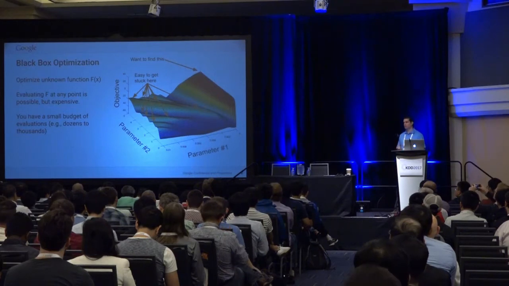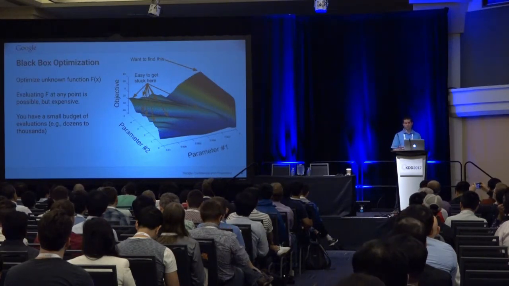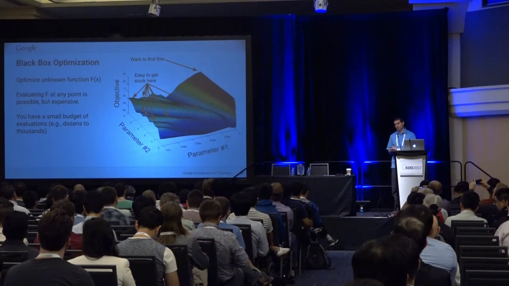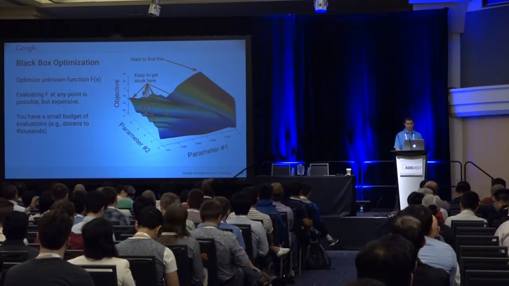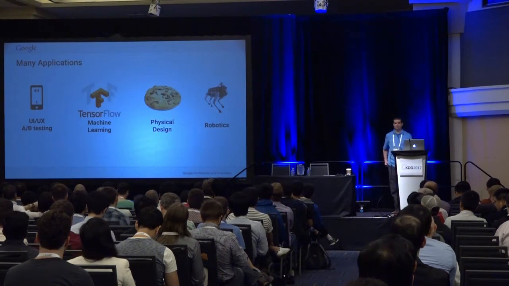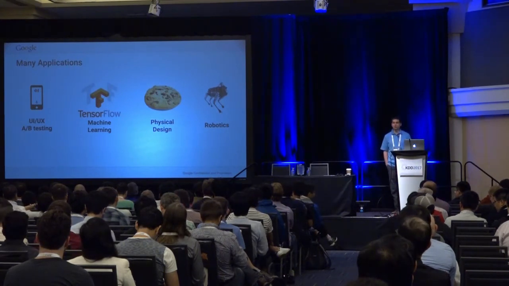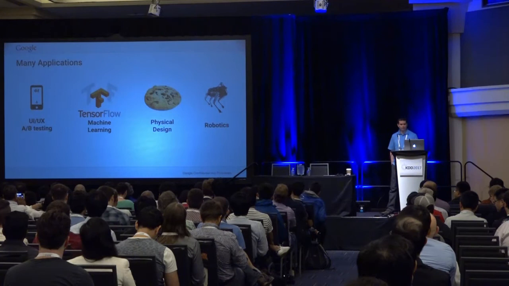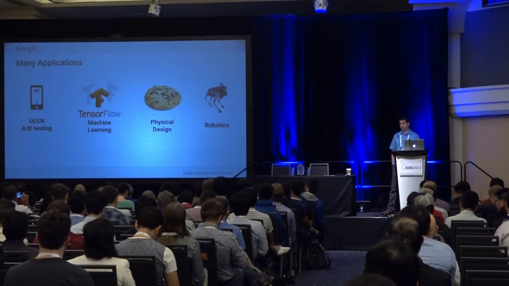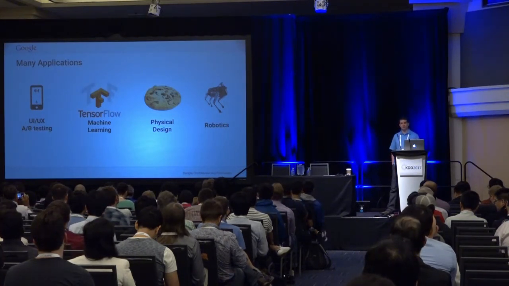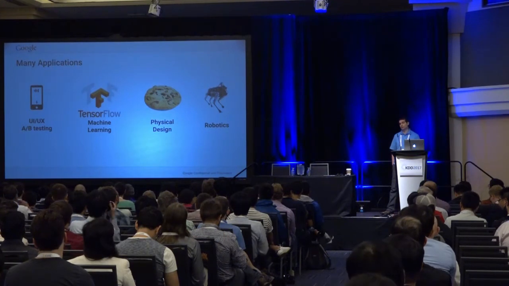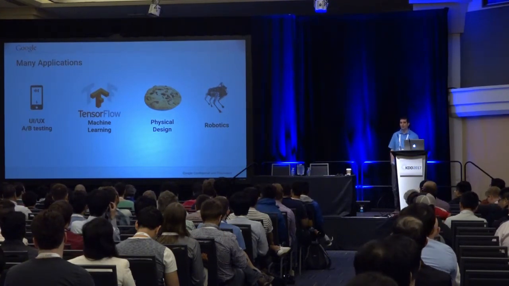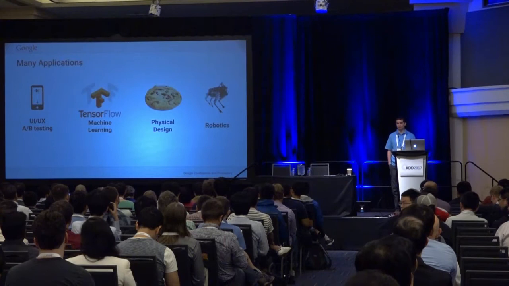Now, because we make such minimal assumptions about the objective function, black box optimization is widely applicable to many different application domains. Here are a few that we might consider within Google or Alphabet, but there are several others. One is automated optimization of user interfaces or user experience, or A/B testing for websites.